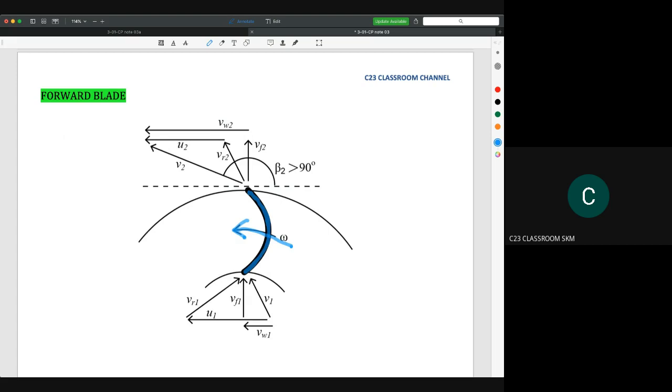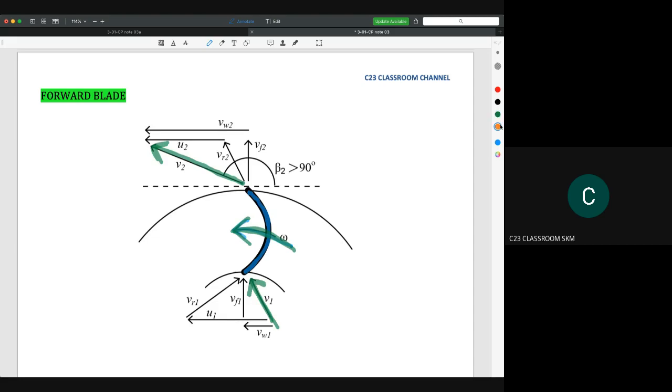After that, you draw the actual velocity. Because it rotates from right to left like this, the actual velocity comes in like this, and then goes out like this. Please write your actual velocity first.